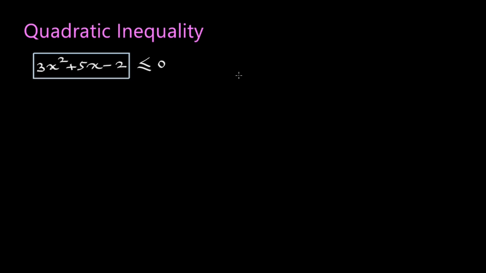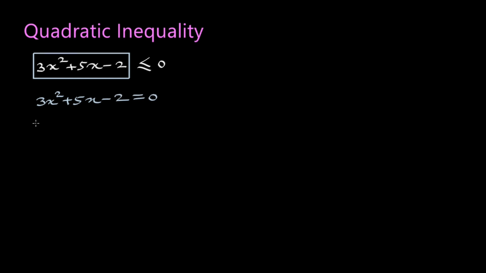Let us solve the inequality 3x square plus 5x minus 2 less than or equal to 0. Here the left hand side of this inequality is a quadratic polynomial. First we will write the quadratic equation 3x square plus 5x minus 2 equals 0.